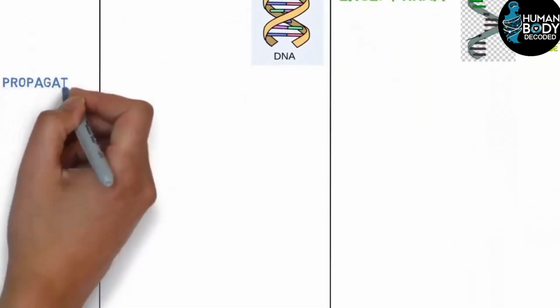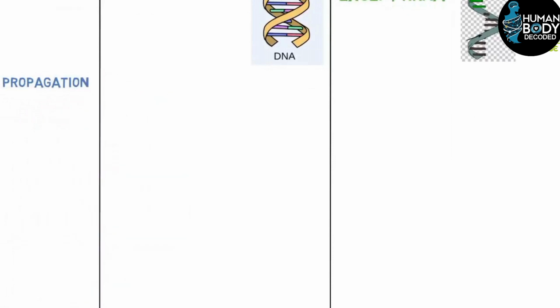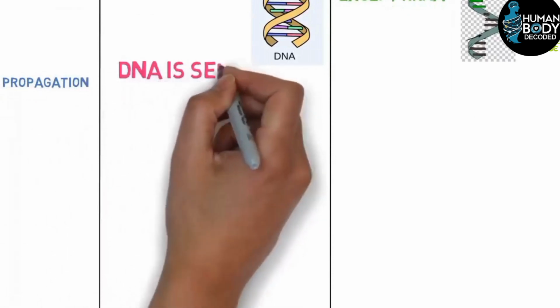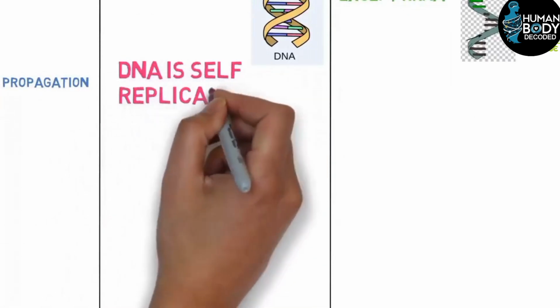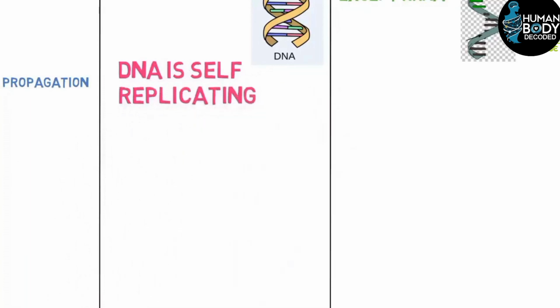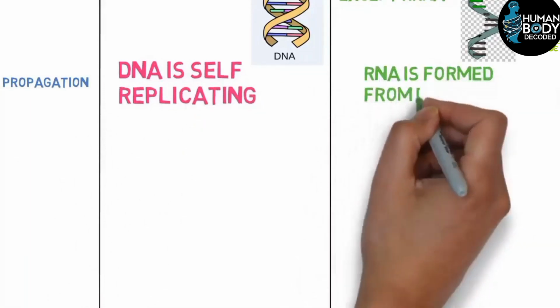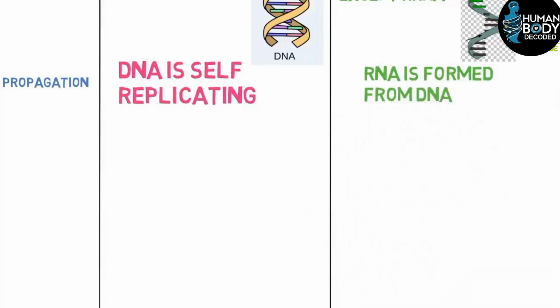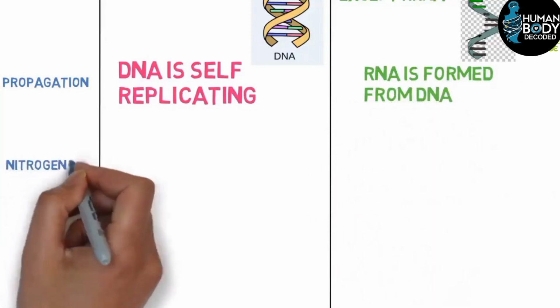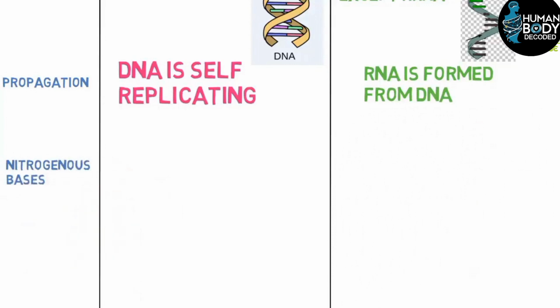If we talk about propagation, DNA is self-replicating, meaning it can make its own copy. But RNA does not replicate on its own. DNA replicates RNA. Now, if we discuss nitrogenous bases, as you know, there are 4 types of nitrogenous bases. 3 nitrogenous bases are common in both DNA and RNA.